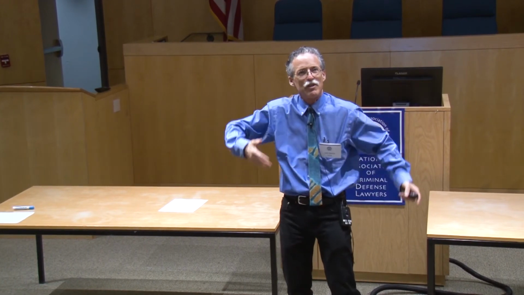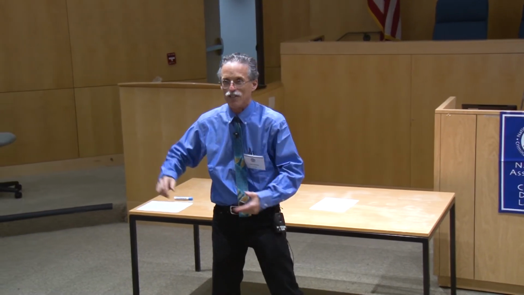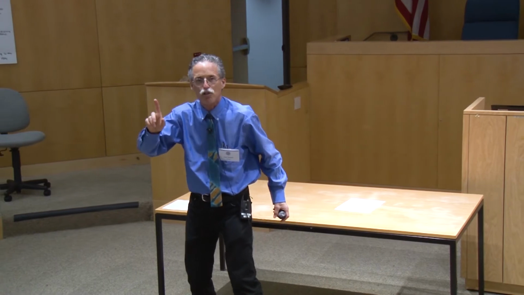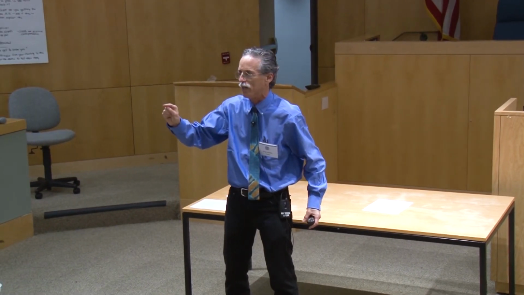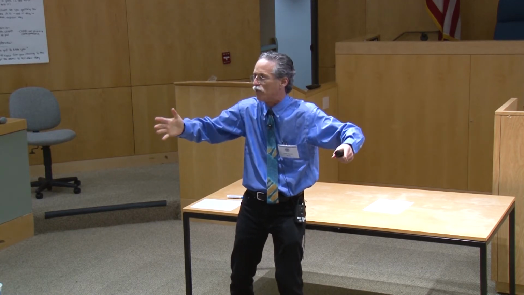So I know your law says this, and I know our first instinct is to say, boy, we want every instruction there is. I suspect, or suggest, that maybe you don't always want a 404(b) instruction, because the jury's going to do with it whatever they want anyway. What you really have to do is make sure the prosecutor doesn't over-argue it. If it's admitted for identity, don't let the prosecutor argue it for a bunch of other things. But that's a personal opinion, just something for you to think about.